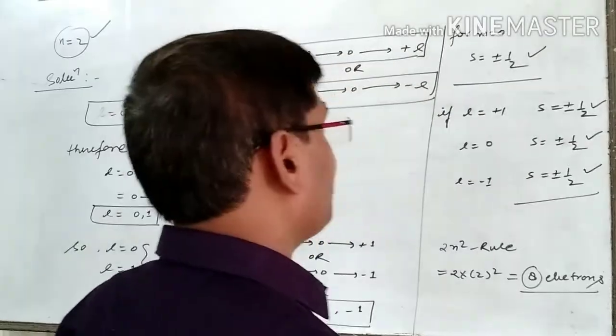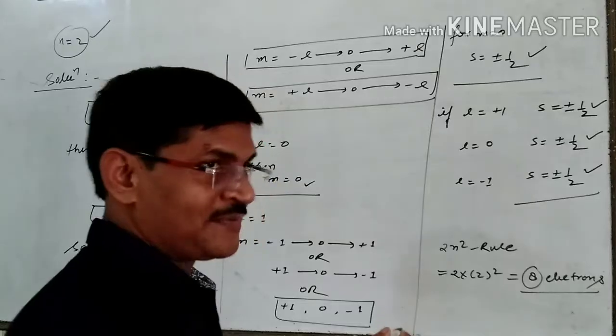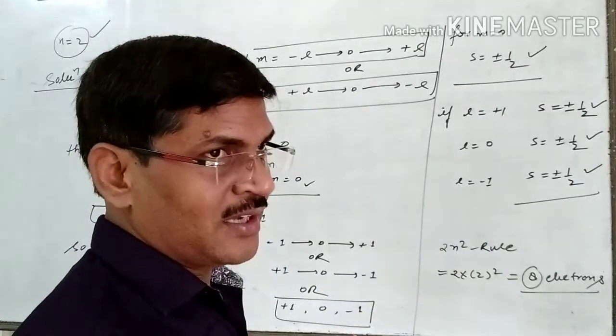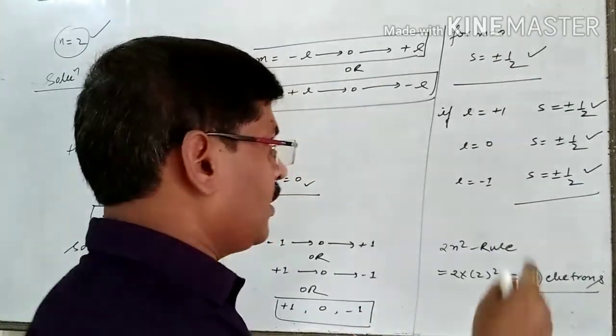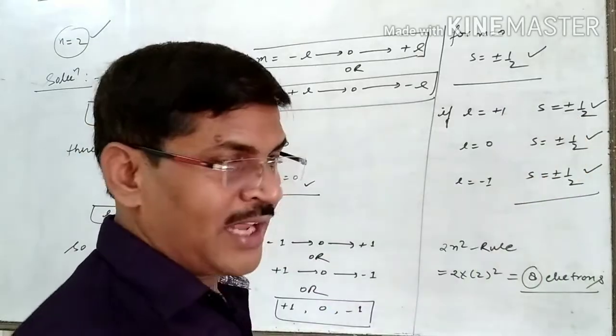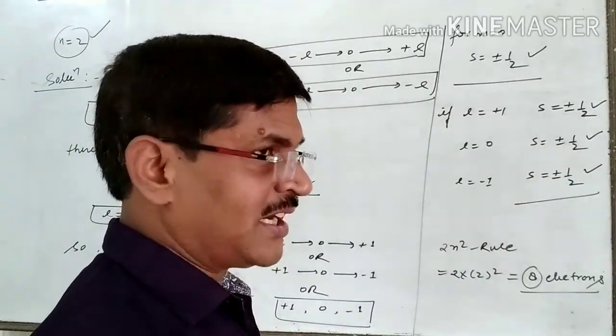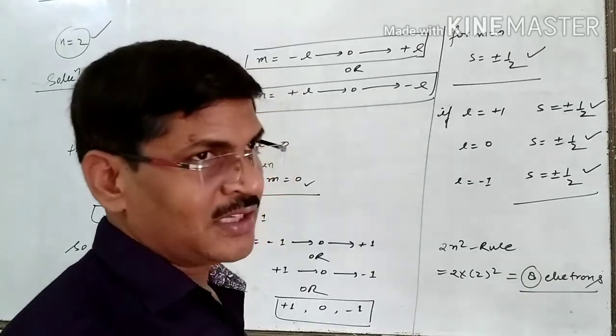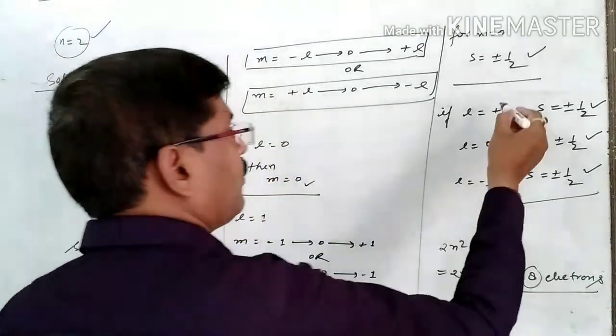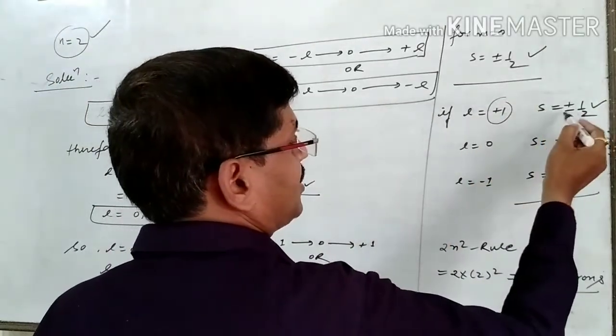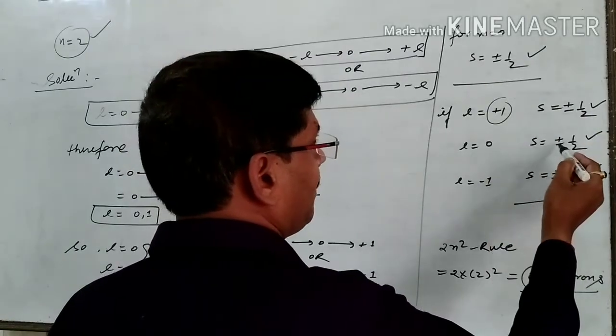And one more thing you have to remember: each subshell has orbitals, and each orbital has two electrons. One has upward spin, which means clockwise. The second one has downward spin, which means anti-clockwise. That's why I have written s is equal to plus minus half for each.